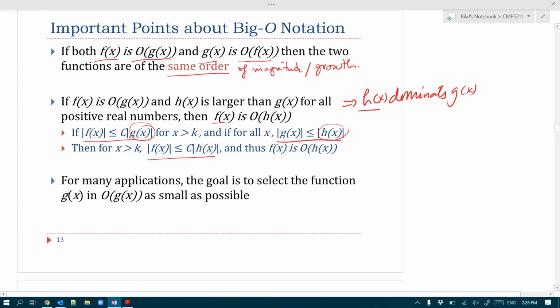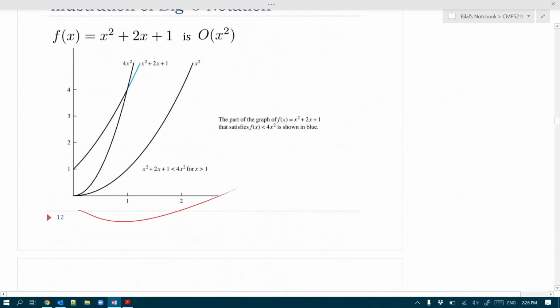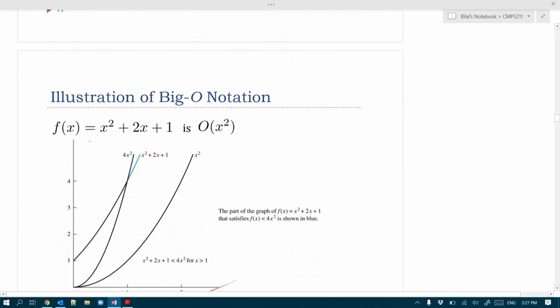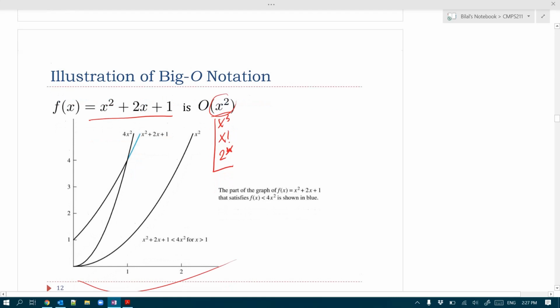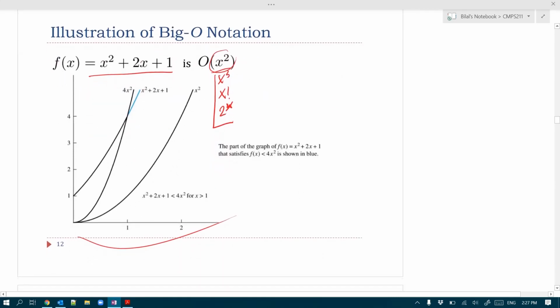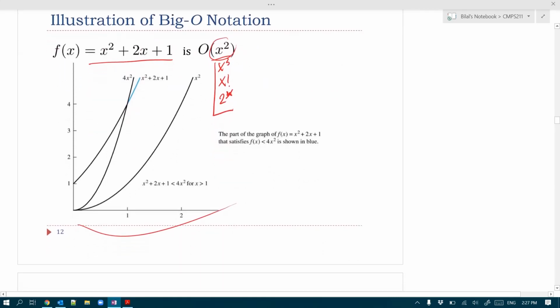A proof of the usefulness of this lemma is that when you are asked to prove that, for example, this function is big O of x cubed, or factorial of x, or 2 to the power x, or whatever you want, any function that is systematically greater than this function for every x, you can just take it for granted.